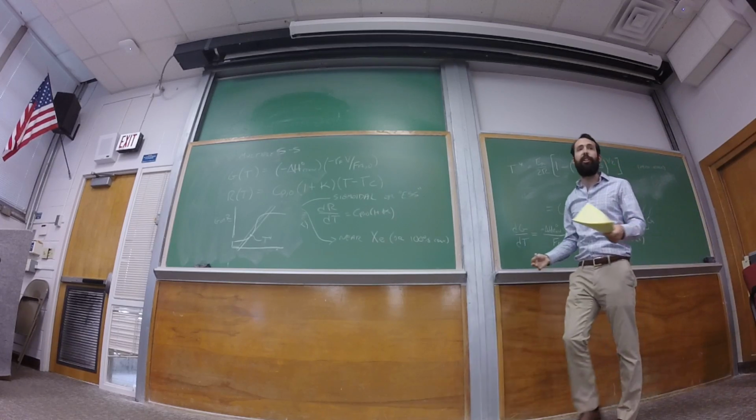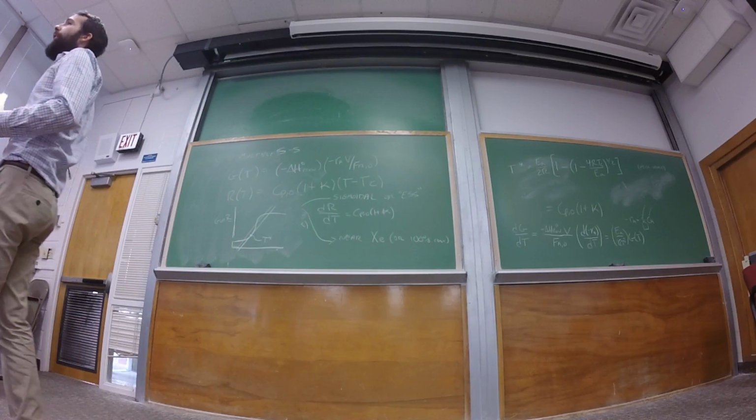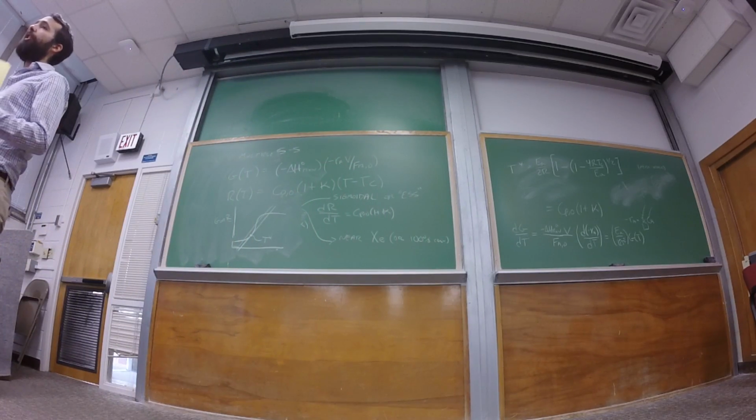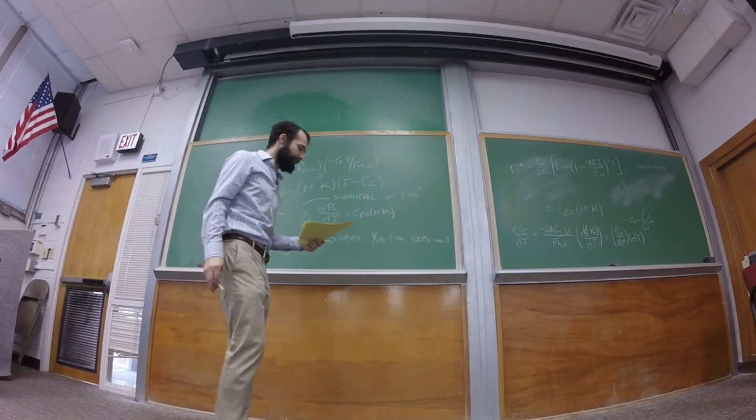Higher order rate equations, it's the same procedure. You just get a different formula for T star as a function of things like the critical temperature and the activation energy.